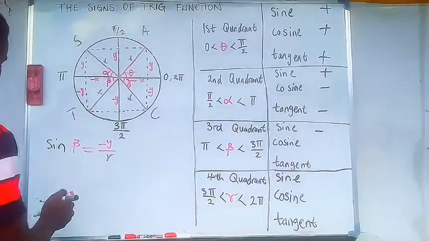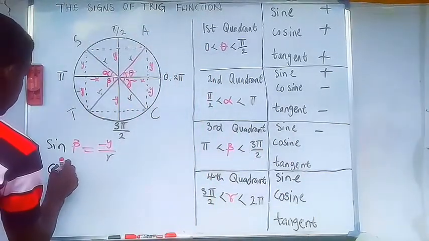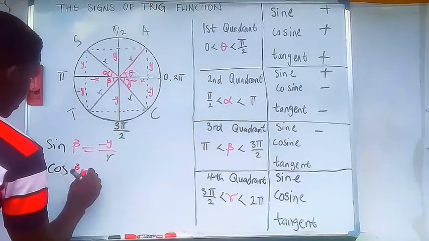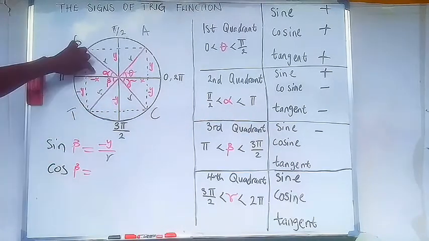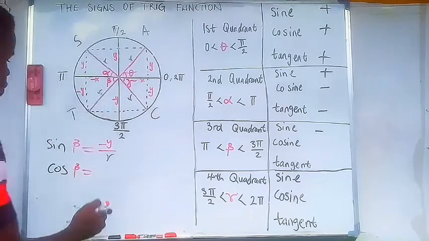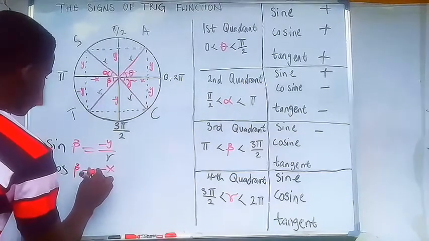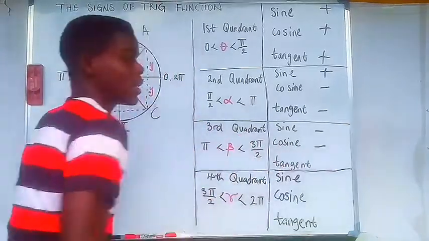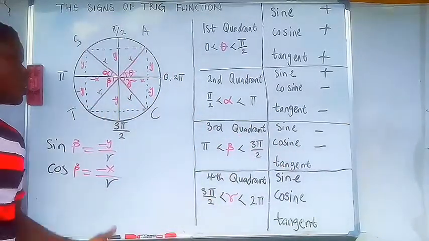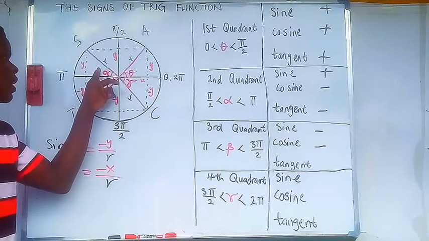So we move over to the cosine of that angle. We have cosine of beta equal to adjacent over hypotenuse. So we have negative x over hypotenuse r, and the result is still negative. Look at tangent. Tangent will be opposite over adjacent.